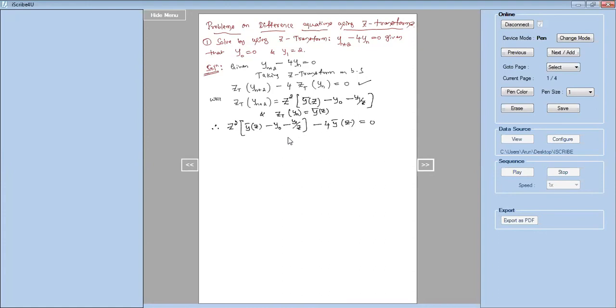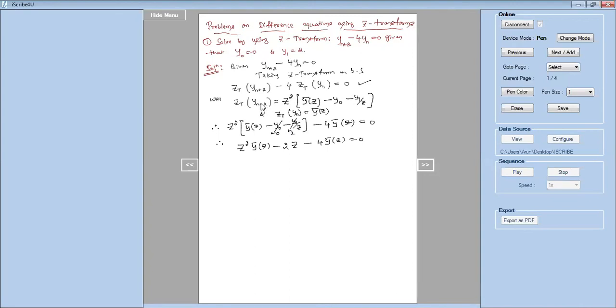Now use the initial conditions. y0 is 0, y1 is 2. Substitute now. So we get z square into y bar of z minus 2 times z square by z, so it is z square y bar of z minus 2z minus 4y bar of z is equal to 0.